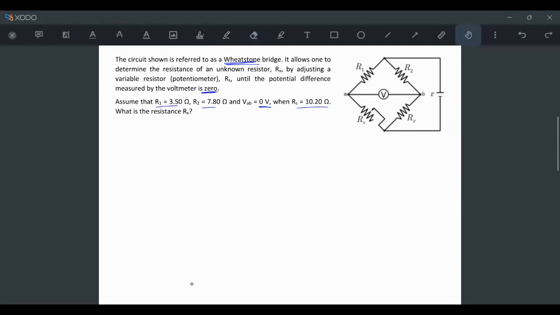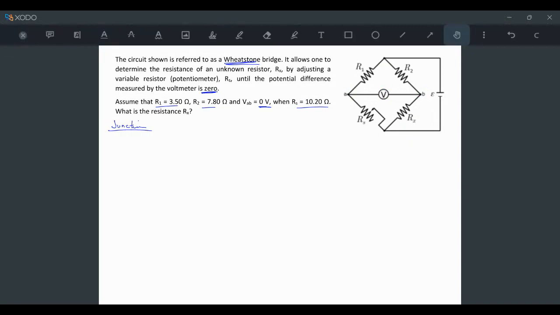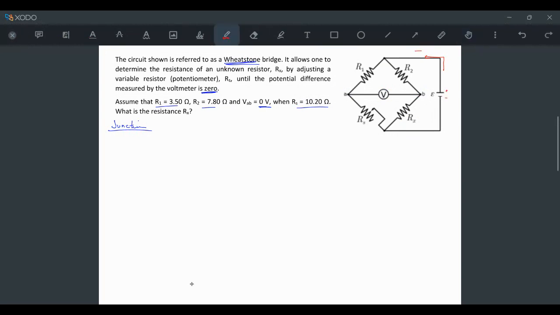I'm going to start with the junction rule, because it's generally a little bit simpler. Before we start, we need to pick some currents. I'm going to follow the convention of the previous problems, coming out of the battery. Remember, this is a positive terminal, this is a negative terminal. I'm just going to have a total current I. When it reaches this top junction here, I'm going to say it splits into 2.